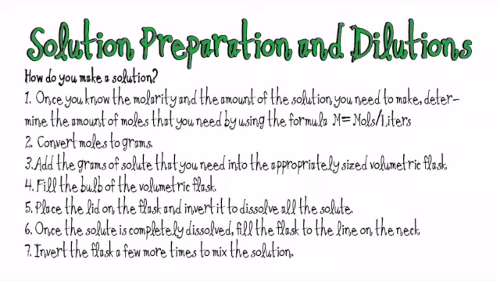Add the grams of solute that you need to the appropriately sized volumetric flask. 4. Fill the bulb of the volumetric flask. 5. Place the lid on the flask and invert it to dissolve all of the solute. 6. Once the solute is completely dissolved, fill the flask to the line on the neck. 7. Invert the flask a few more times to mix the solution.